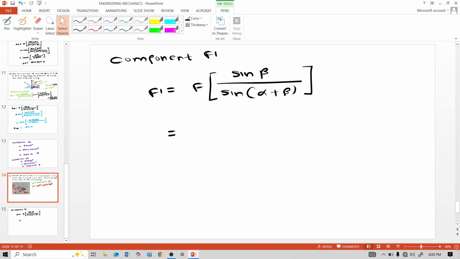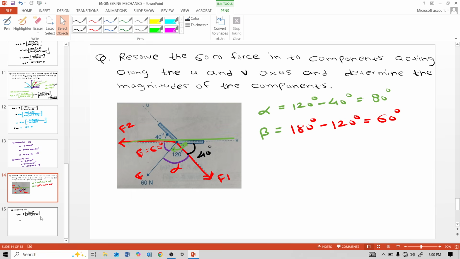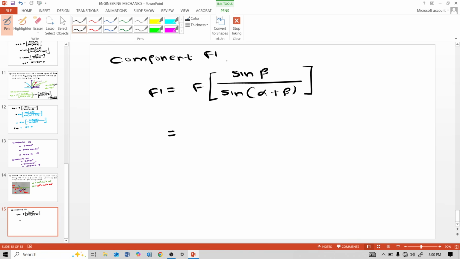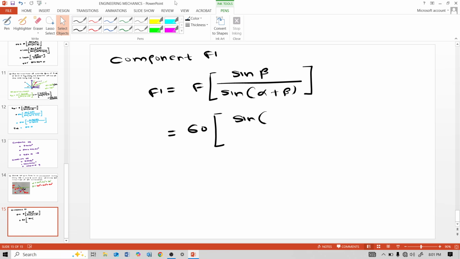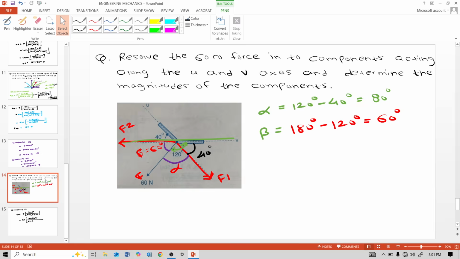F is the given quantity, F is 60 Newton, and this beta is 60 degree, upon sine of alpha plus beta. Alpha is already calculated as 80 degree and beta is 60 degree.